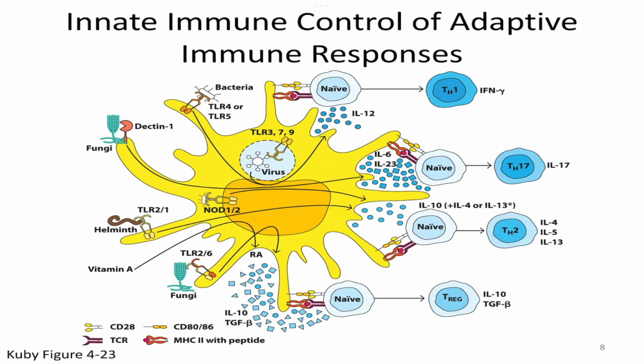And of course, the antigen presenting cell, the innate immune cell, is producing a particular type of cytokine based on which PRRs it saw, which PRR was stimulated, which type of microbe that it saw.